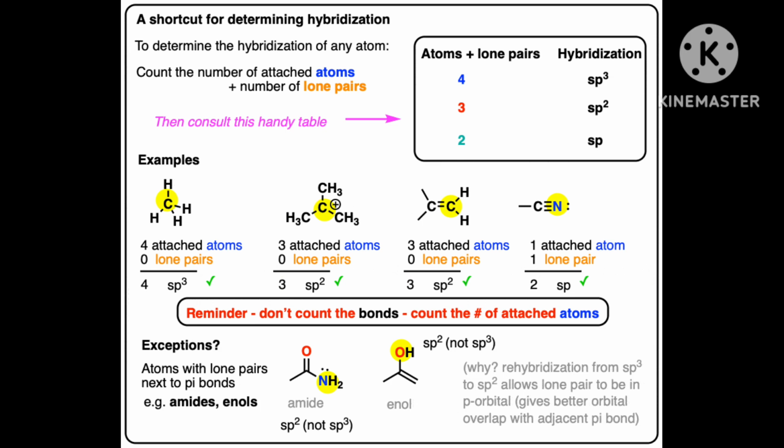Now the problem is: what is the type of hybridization of each carbon in the following compounds? They have given 4 types of compounds and you have to find out the types of hybridization. I told you, sp, sp2, sp3, sp3d, sp3d2, these are the different types of hybridization.